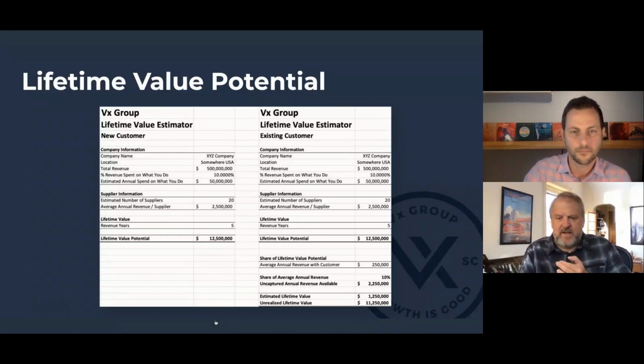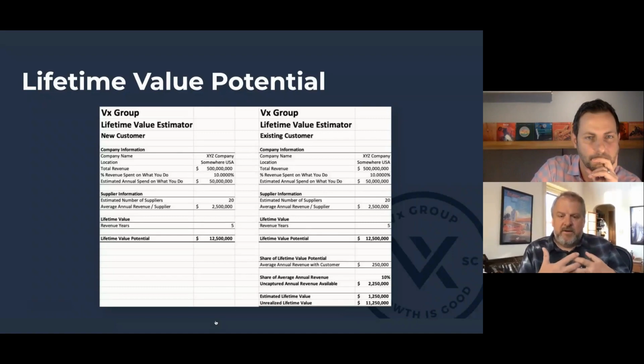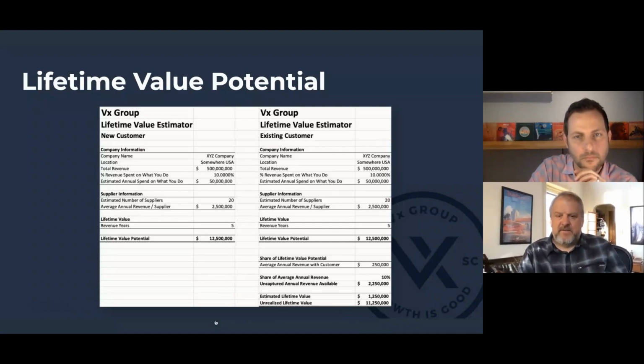You've already built relationships. What are you going to do in order to get a much bigger share of that uncaptured or unrealized lifetime value? There's a ton of opportunity with your existing customers if they're the right existing customers, and you've got to figure out who's who on that list.